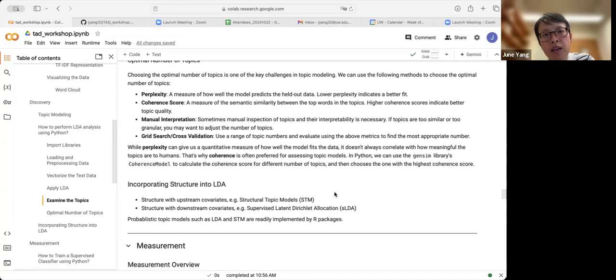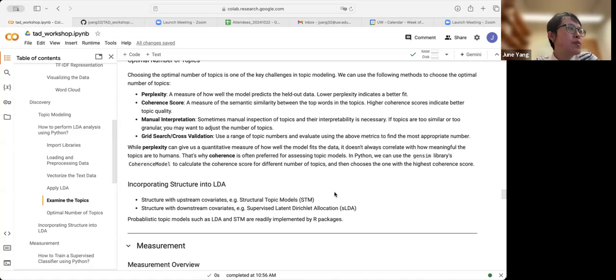For example, am I interested in learning whether there is a difference between different genders, between people of different racial, ethnic backgrounds, in speaking of different topics, right?